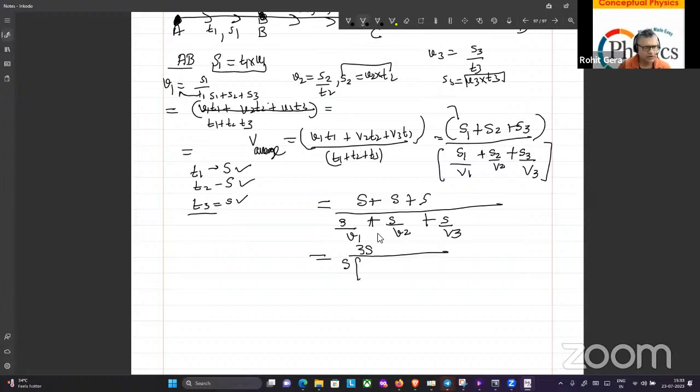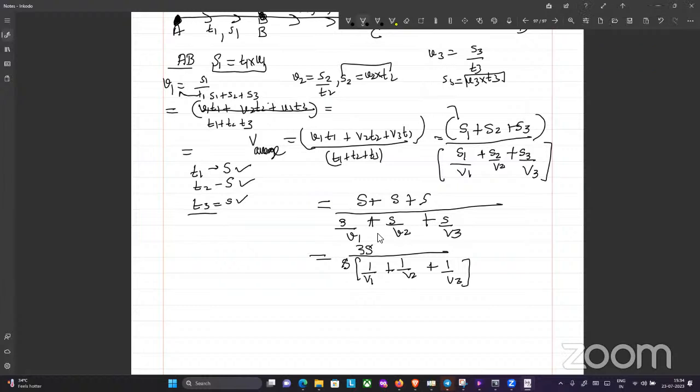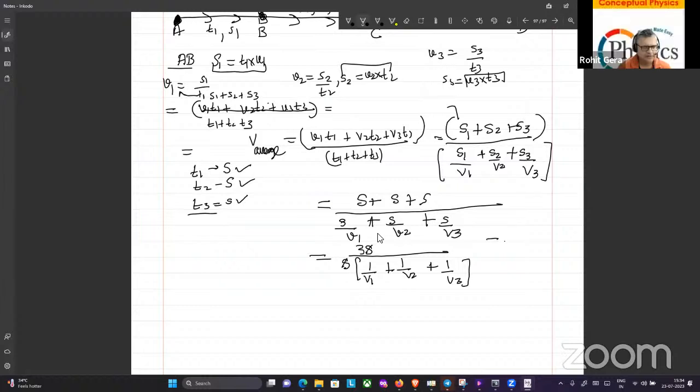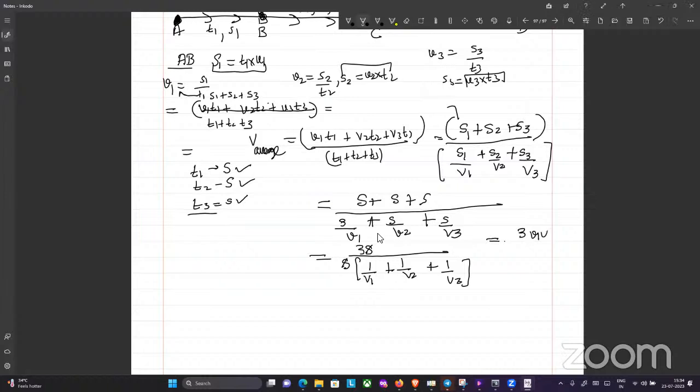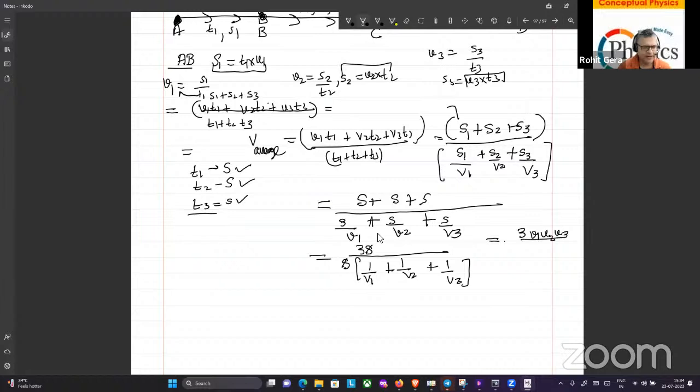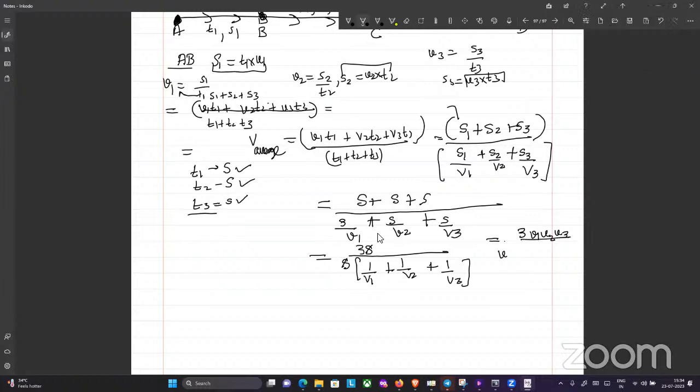So this will be 1 by v1 plus 1 by v2 plus 1 by v3. You get 3 by the LCM, and in the denominator you get V1 V2 V3.